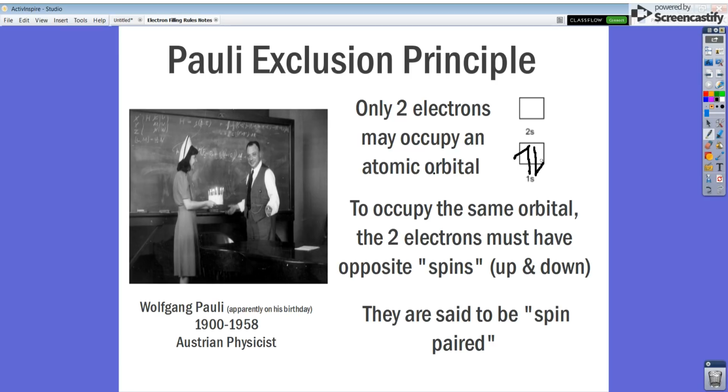And this is how physicists did that. We said, well, one's spinning up, one's spinning down. This will be important when we talk about the last quantum number. So the Pauli exclusion principle: I can only fit 2 electrons in each atomic orbital, and they have to be spin paired.